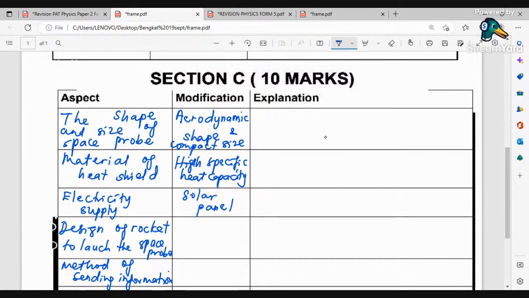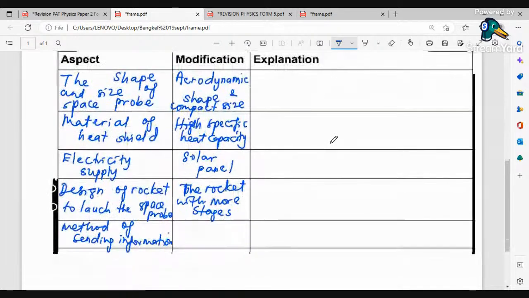Design of rocket to launch. Okay, use the rocket with more stages. More stages mean it can release some of the stages along the way to reduce its mass. Okay.